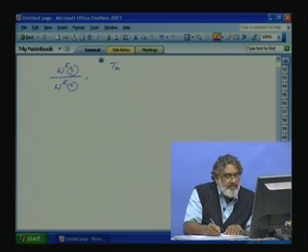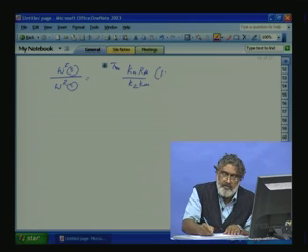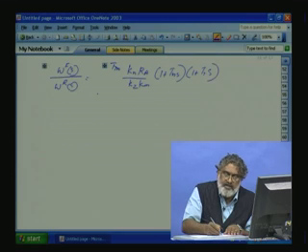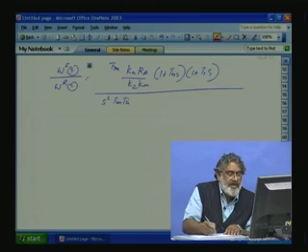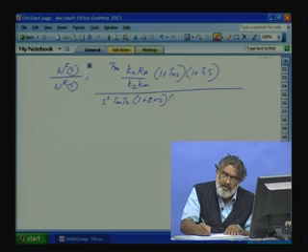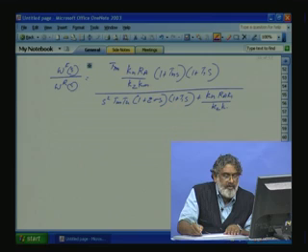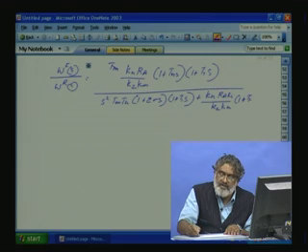So, the final system will be Kn Ra by K2 Km into 1 plus Tn s into 1 plus T1 s divided by s square Tm Tn into 1 plus 2 sigma s into 1 plus T1 s plus Kn Ra K1 by K2 Km into 1 plus Tn s.